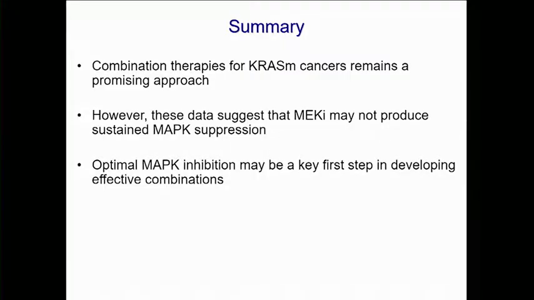So before we try additional MAP kinase inhibitor-based trials in KRAS mutant cancers, we really need to focus on coming up with a strategy that we're confident produces more optimal pathway inhibition in these patients.